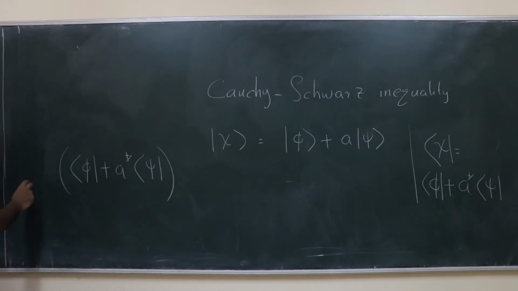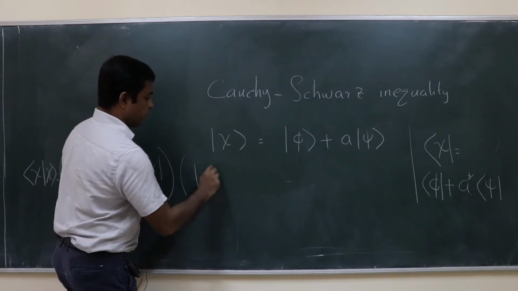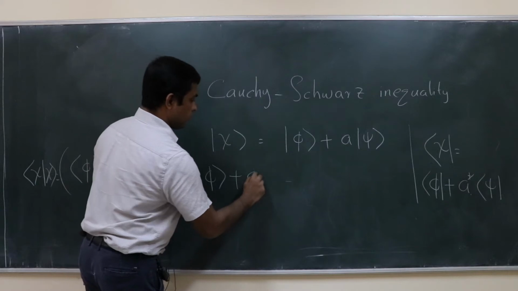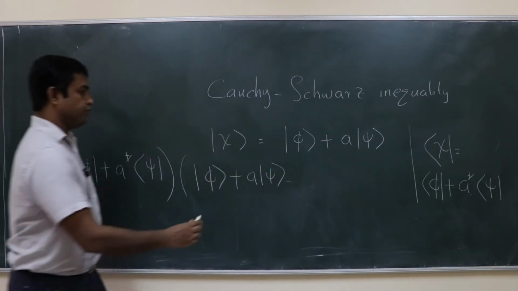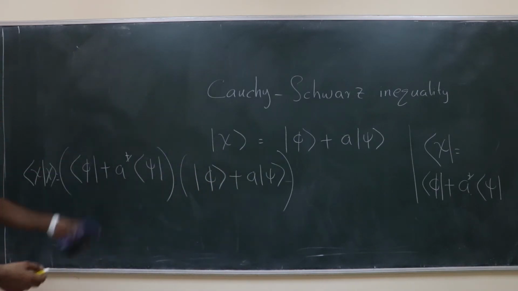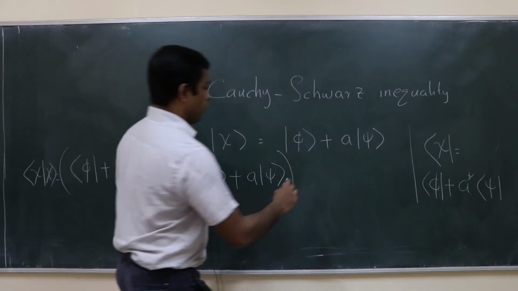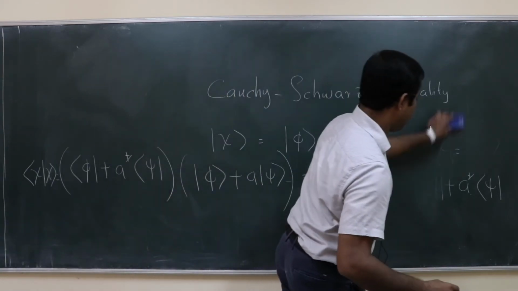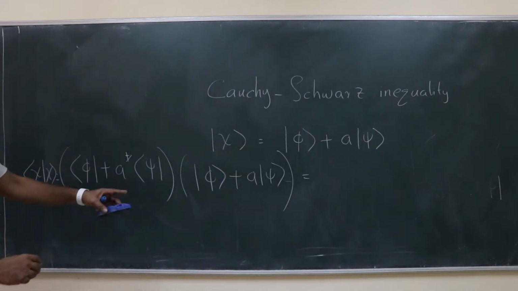What I am doing is bra chi ket chi, the inner product, with ket phi plus a psi. So this is the inner product of ket chi with itself, which will give you the norm square of this vector. If I expand it, how many terms will there be? Four terms.